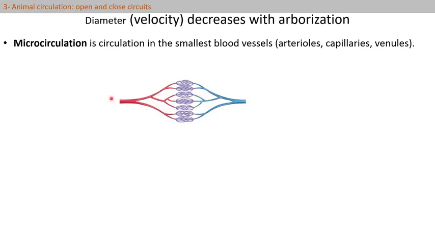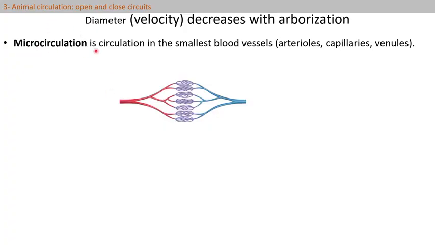Well, you see that if we look at the entire circuit, at different positions of the circuit, the diameter, or the radius, changes massively. Here you have many vessels with small radius, while here you have only one vessel with one big radius. That will change things a lot just based on Poiseuille's law.